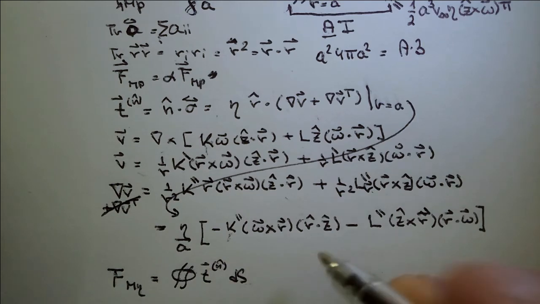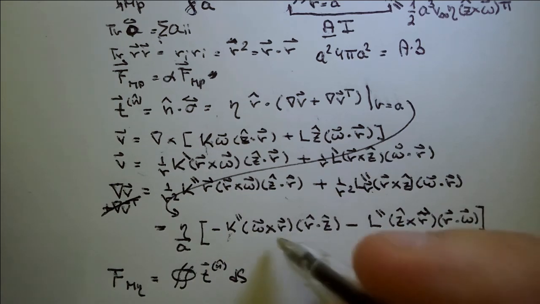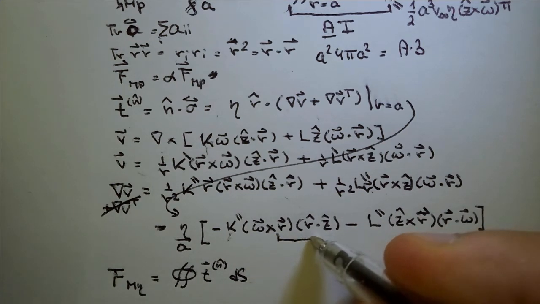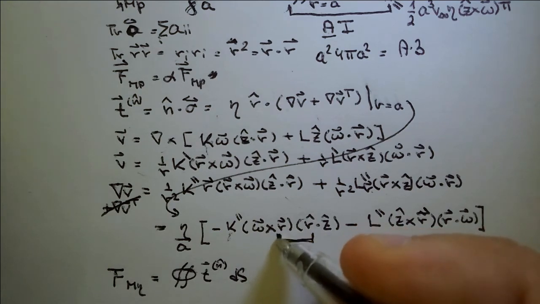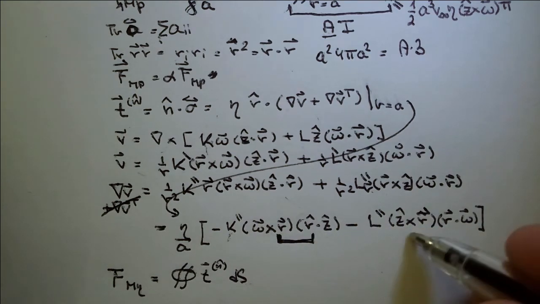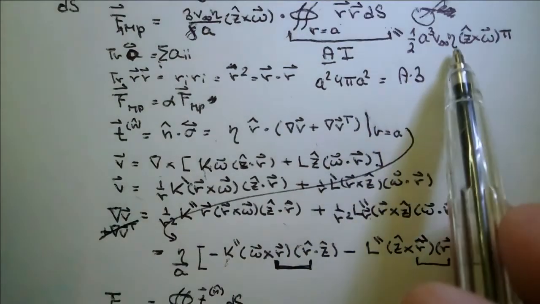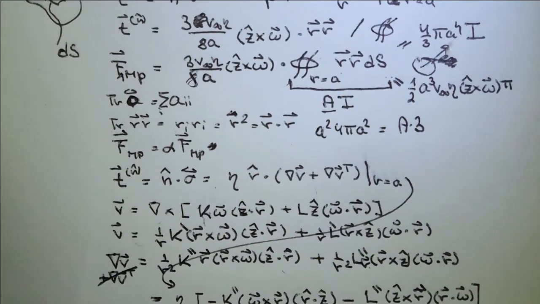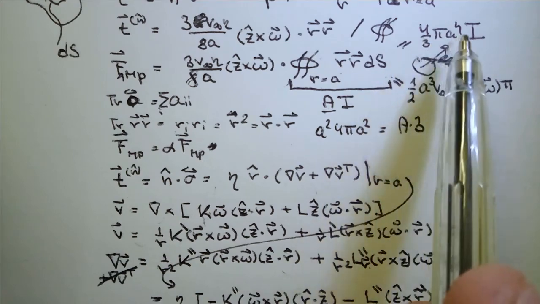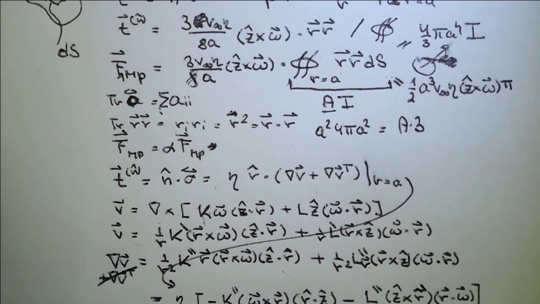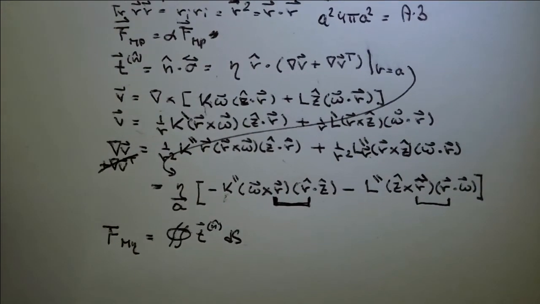Only this particular tensor is varying, but we know its value if you integrate it, because it's 4 pi over 3 times a to the 4th power times the identity operator.